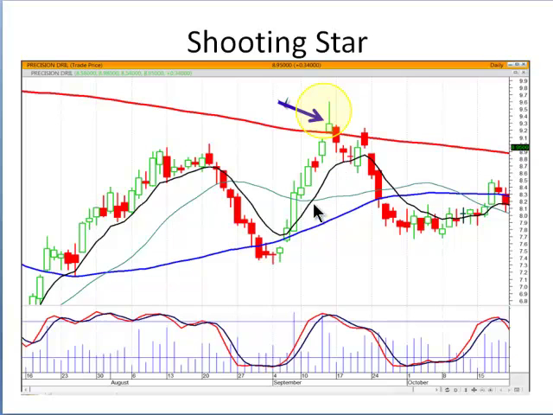Notice all the factors in this chart that would indicate it is time to take profits or to go short. Nice strong uptrend. But as soon as we got up in the overbought area to a resistance level, it gapped up through that resistance level, did a shooting star. This would have been a much different story had it gapped up through the 200 and closed up here.